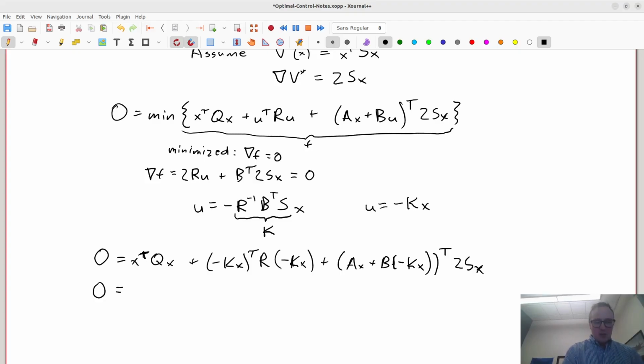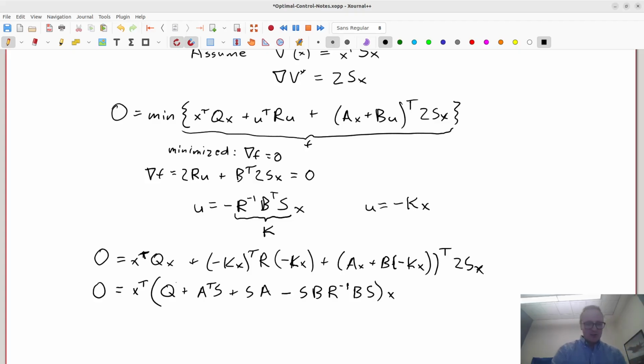So we'll get 0 equals x transpose times this big matrix, which you can rearrange to be Q plus A transpose S plus S A minus S B R inverse B S, times x. And in order for that to be true for all values of x, this in here is going to need to be a matrix of all zeros.